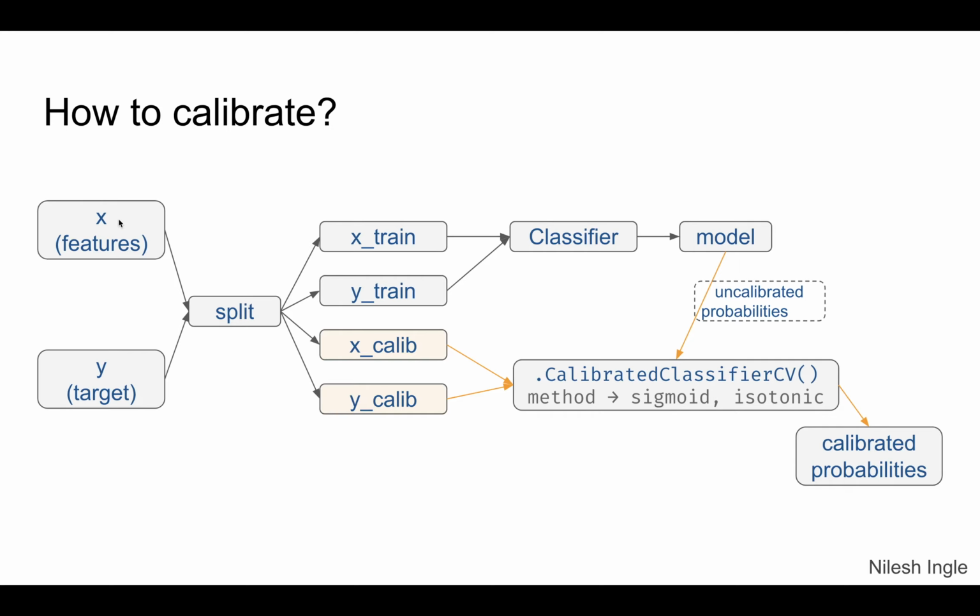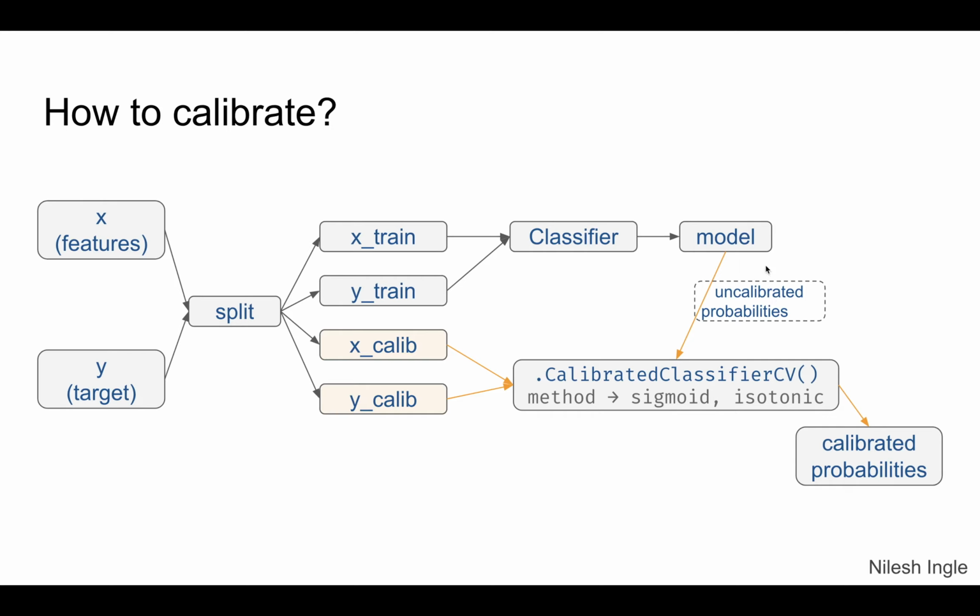What I mean by that is we have the data X and Y, we split it into train and calibration sets, and then we could further split this X train into train and test sets. Then we train the classifier on the train set, and then we have a fitted model that can give us the uncalibrated probabilities.